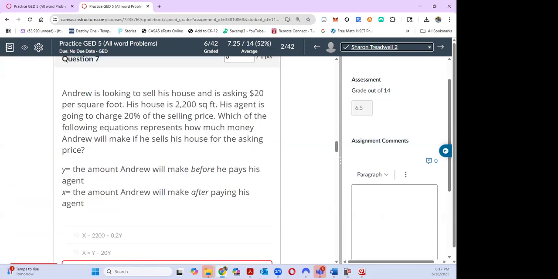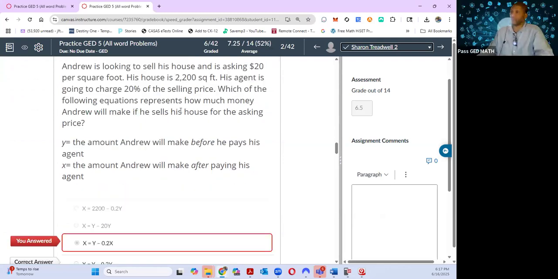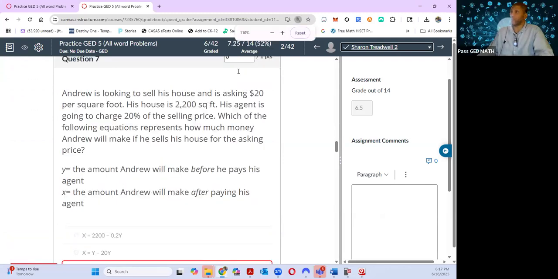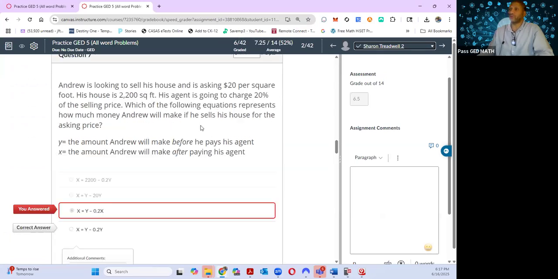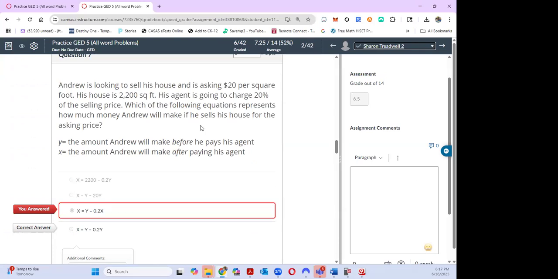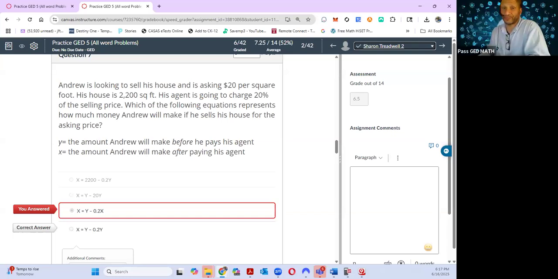Okay, you want to go over this? Let me try to make this a little bit smaller so we can see it. So Andrew is looking to sell his house. This actually came from a practice high set exam. Andrew is looking to sell his house and is asking $20 per square foot. His house is 2,200 square feet.